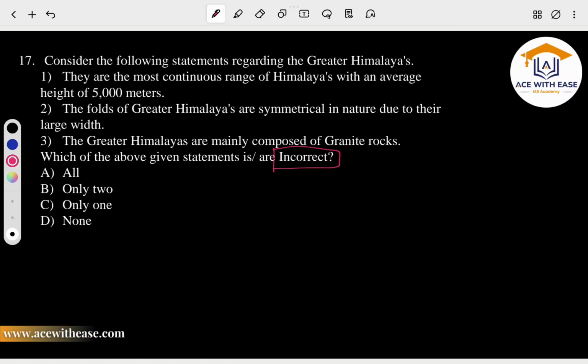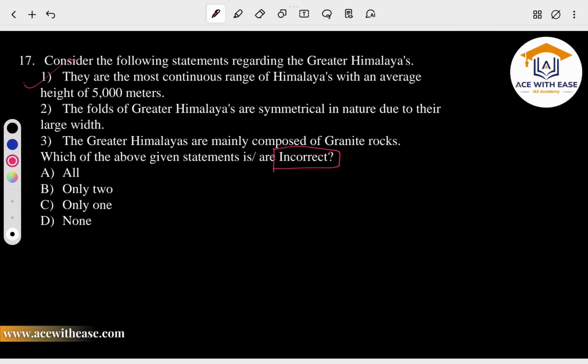The first one, they are almost continuous range of Himalayas with an average height of 500 meters. Yes, this statement is correct. We know that they are almost a continuous range, and here we have more than 5,000. We have some of the highest mountain peaks, Mount Everest etc., present in the Greater Himalayas.